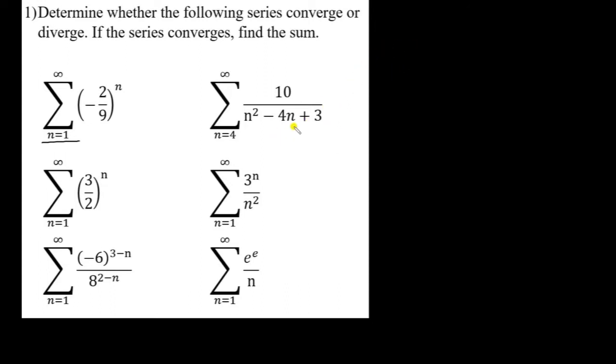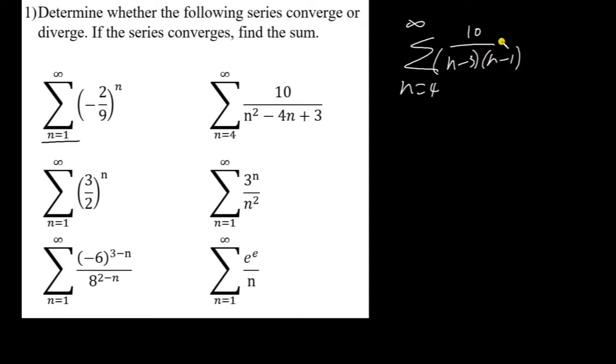Excuse me. So the first step here is going to be to split this into fraction minus fraction, like I said. So we're going to have to first of all factor the denominator. If we do that, we will get the sum from n equals 4 to infinity of 10 over, okay, factoring this gives us (n minus 3) and (n minus 1), like so.